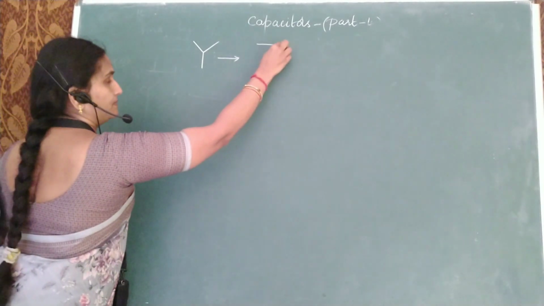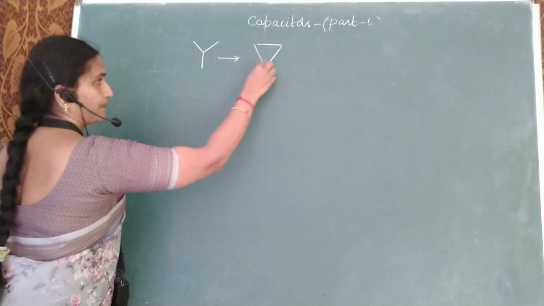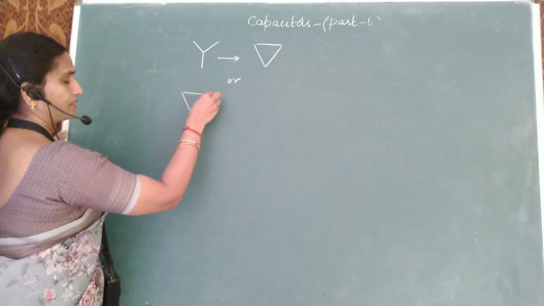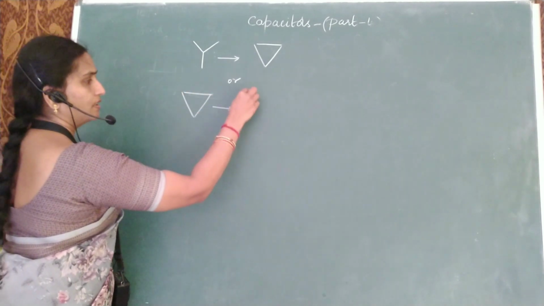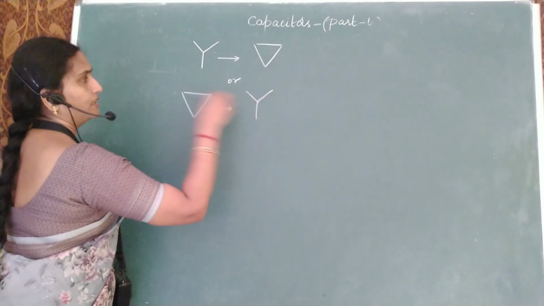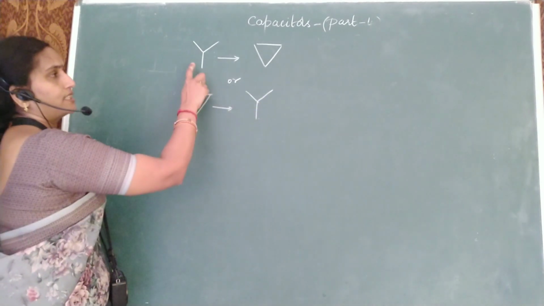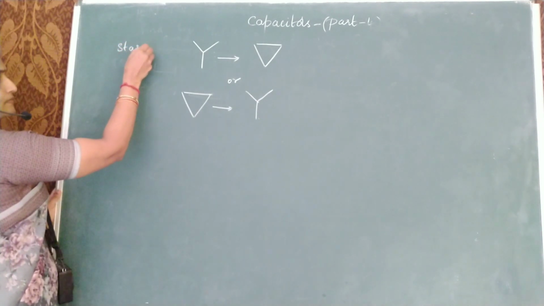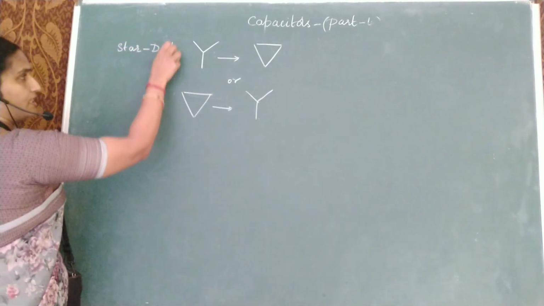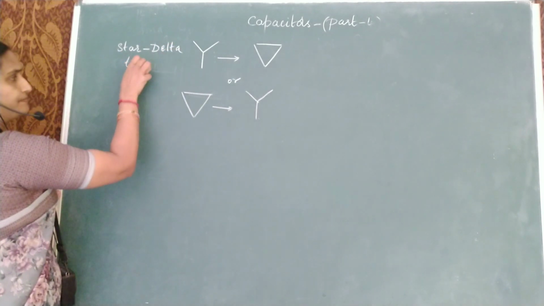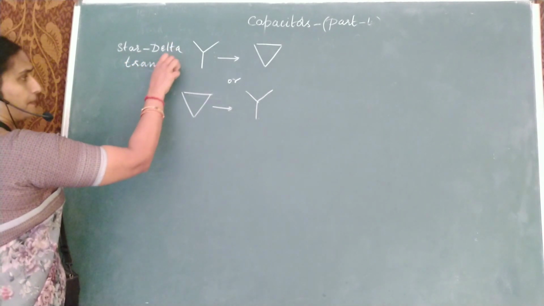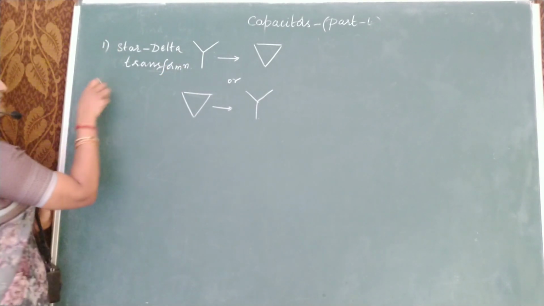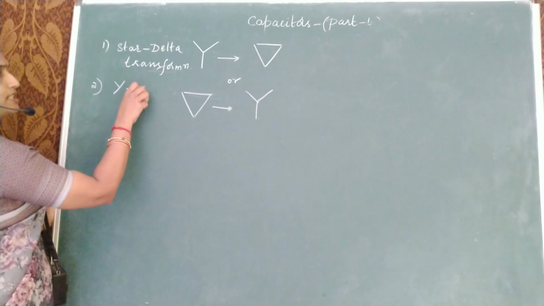So this is a symbol: Y to delta or the reverse, delta to Y. Sometimes they call it star delta conversion, different names: star delta transformation, also called Y to delta transformation.